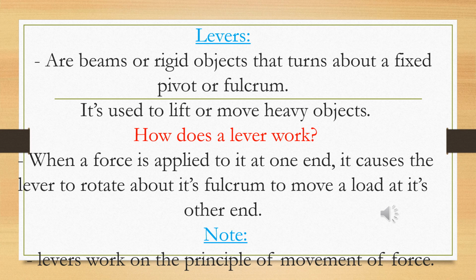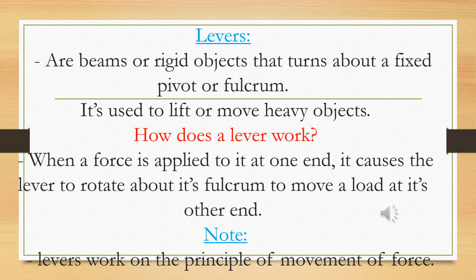Now, let's see how does a lever work? It works on the principle of movement of force. When a force is applied to it at one end, it causes the lever to rotate about its fulcrum, to move a load at its other end.